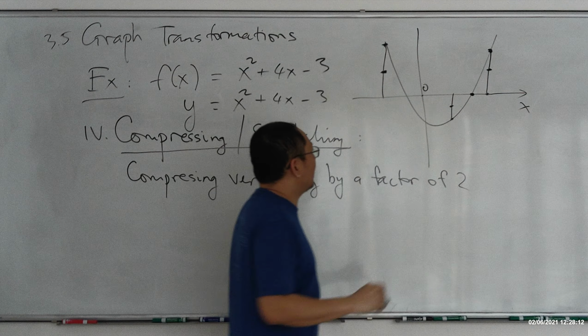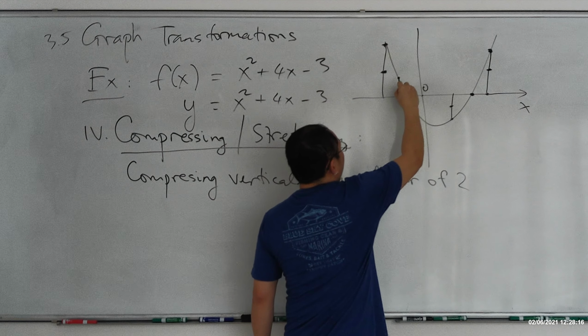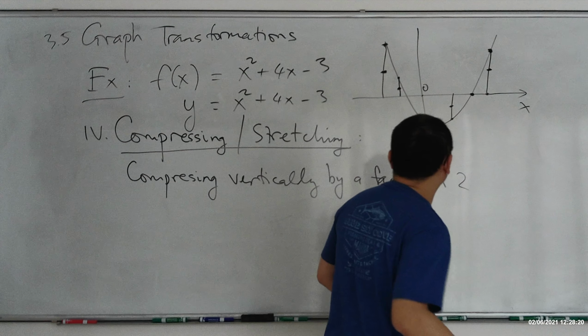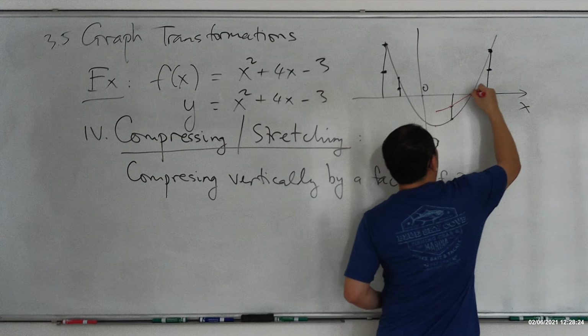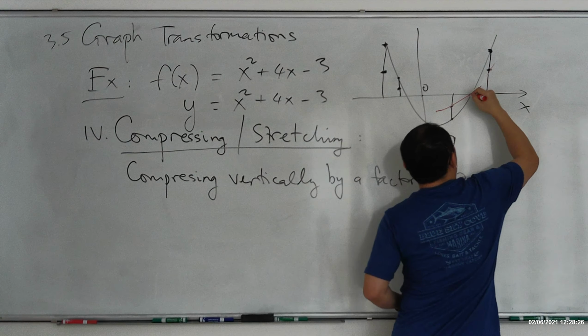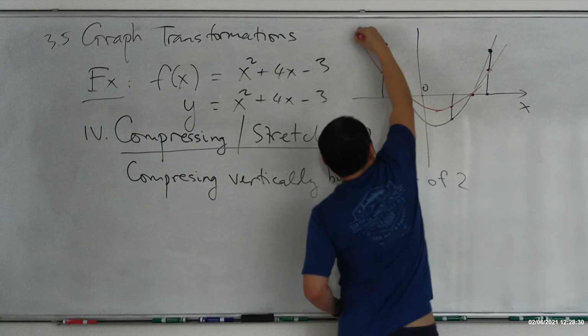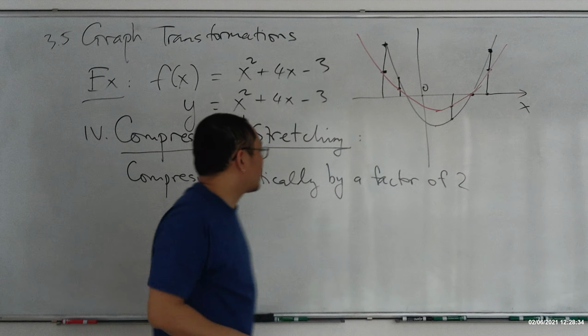So if you have any point, say the point right here, half of that point is going to be right there, right in the middle. And of course, if you connect all the middle points, you're going to have a new graph that looks like this. I have to draw it better. So the graph is kind of fatter because you shrink it down.